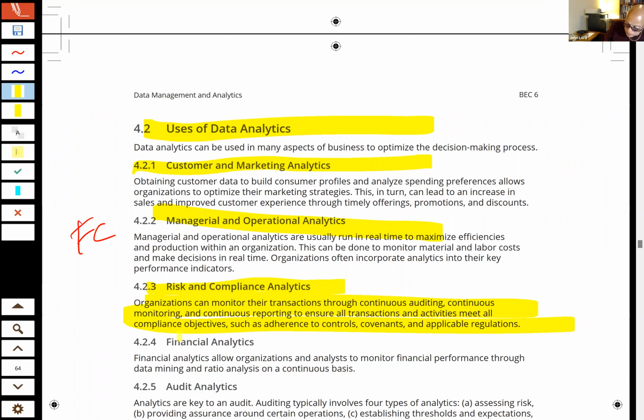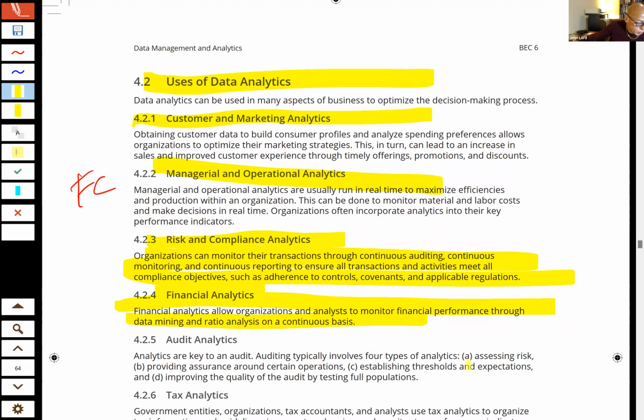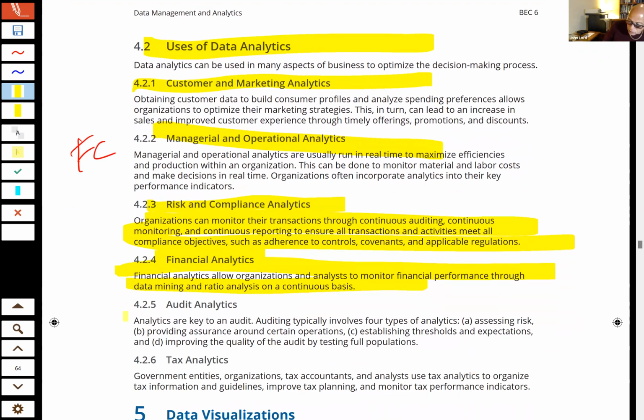Financial analytics, okay, monitor financial performance, and then audit analytics. And we are required to do analytical procedures in the planning phase. And so again, these are greatly enhanced by data analytics that allow you to assess risk, allow you to determine whatever your materiality thresholds need to be, those sort of things.